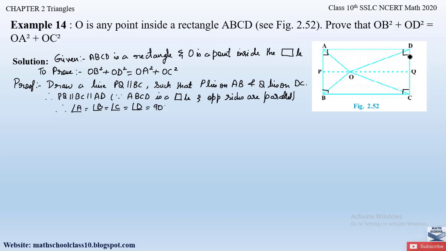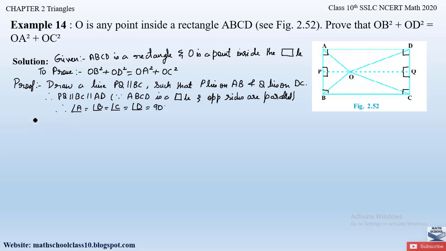And it is also perpendicular to DC. So therefore a 90 degree angle is formed due to the perpendiculars on both sides, right? So we have angle BPQ equal to angle CQP equal to 90 degrees, and also angle APQ is equal to angle DQP, and that is also equal to 90 degrees.